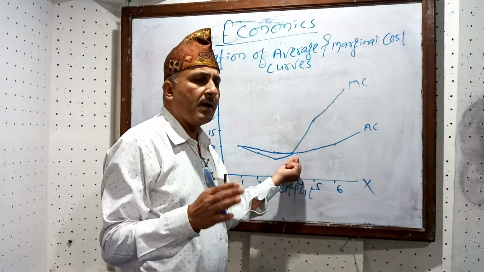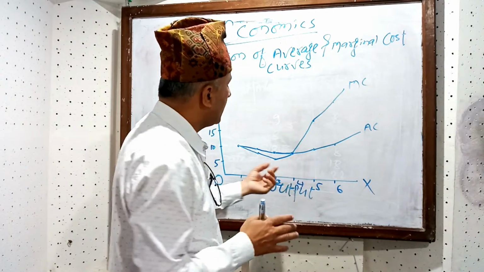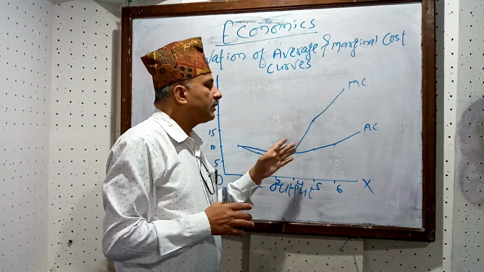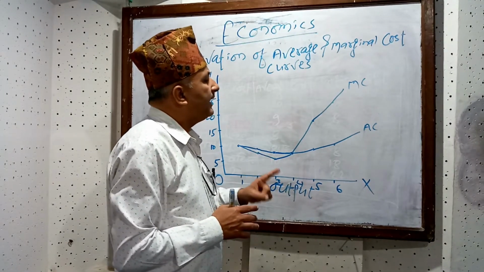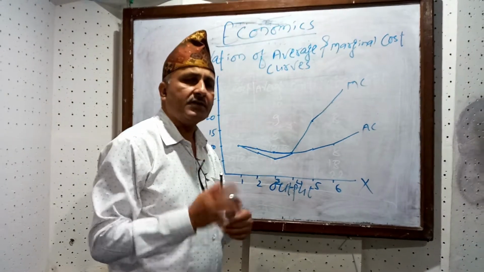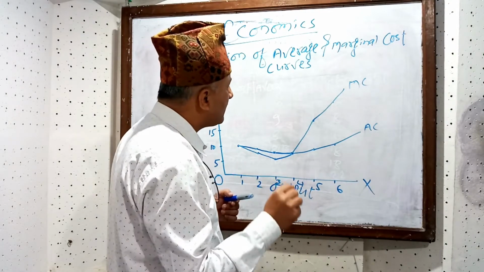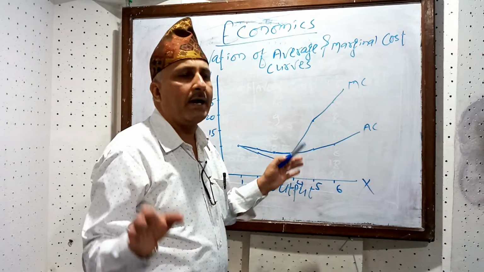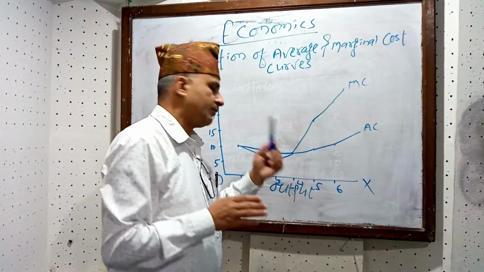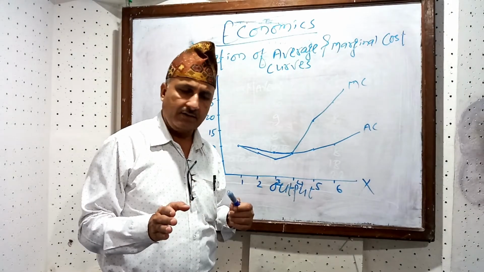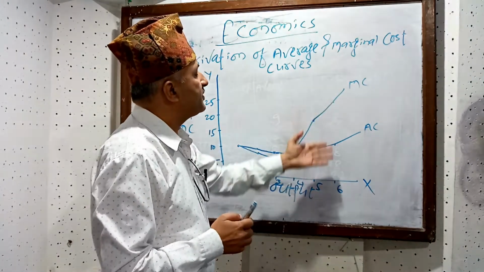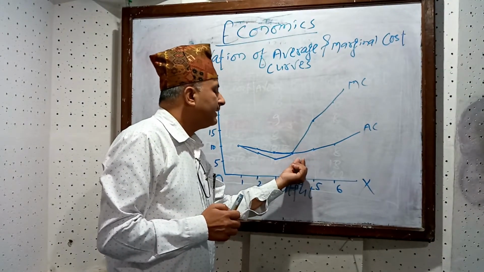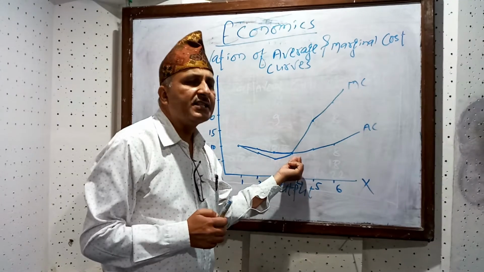And you have to remember one thing, that MC and AC are equal to each other at AC's lowest point. That means MC never intersects AC at any other point except AC's lowest point.